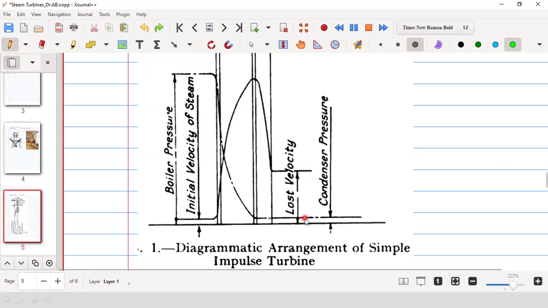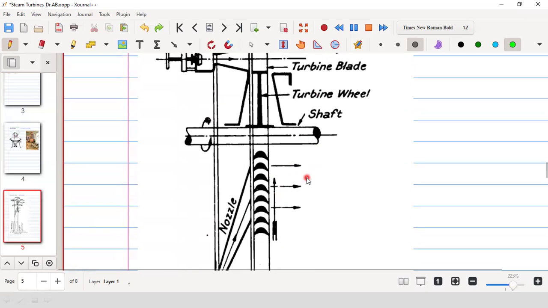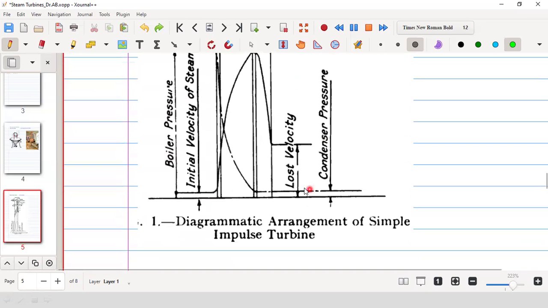So at the exit, you see this is named as lost velocity because there is some kinetic energy which is remaining to the steam, and that is carried over to the exit or exhaust. So that is a loss. As there is a kinetic energy, we have not used that kinetic energy, that is called a loss. That is called lost velocity.